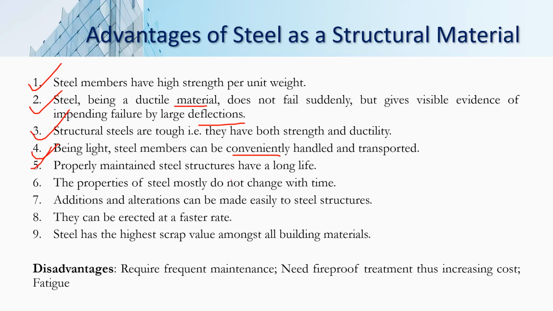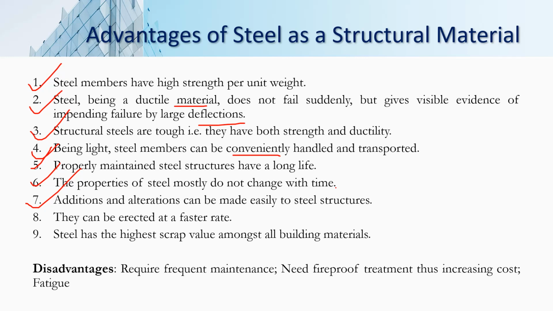Properly maintained steel structures have a long life. The properties of steel do not change with time. This makes steel the most suitable material for a structure. Additions and alterations can also be made easily to steel structures. For example, if you have constructed a simple truss garage at a certain location and you may have to move from that location at a future point of time, then you can construct that truss garage in such a way that you can dismantle it when you are ready to move to another place.